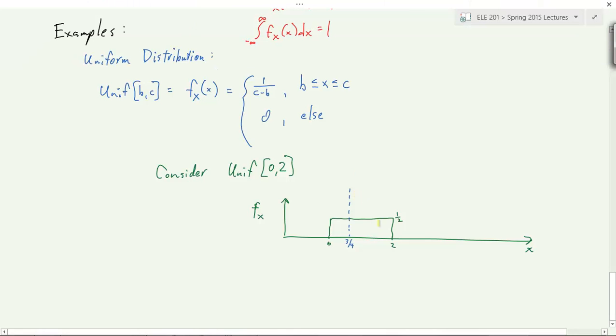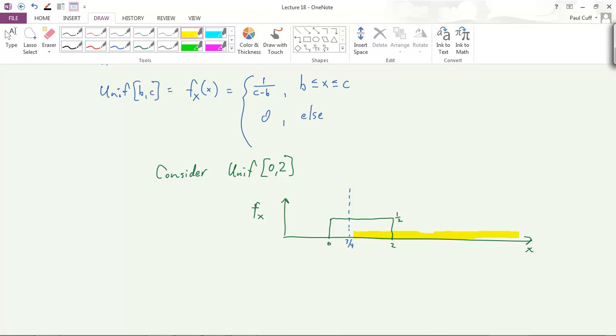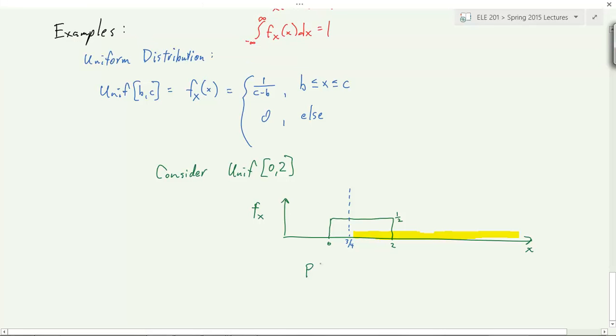We should be integrating it over here, to say the probability it's above 3/4, and what's the answer going to be? What's the answer? 5/8. Okay, so we see how we can calculate probabilities based on this density.